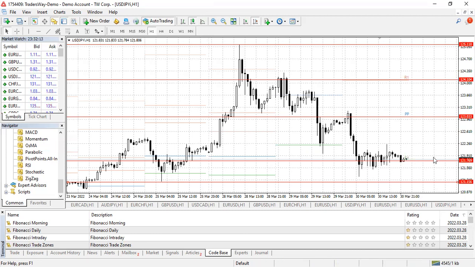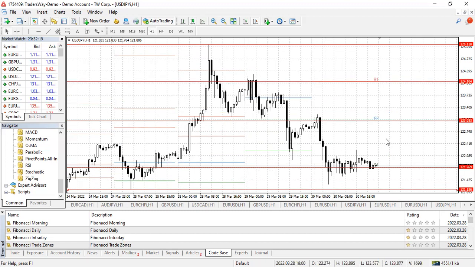It's going. So in this kind of trade, using pivot points, you know, it is a down trade, and the only opportunity I'll be looking at is to sell.